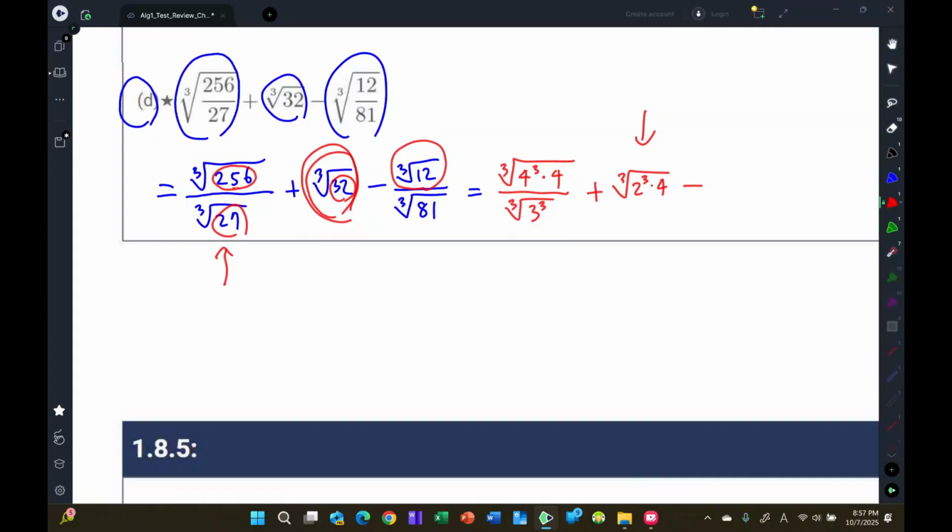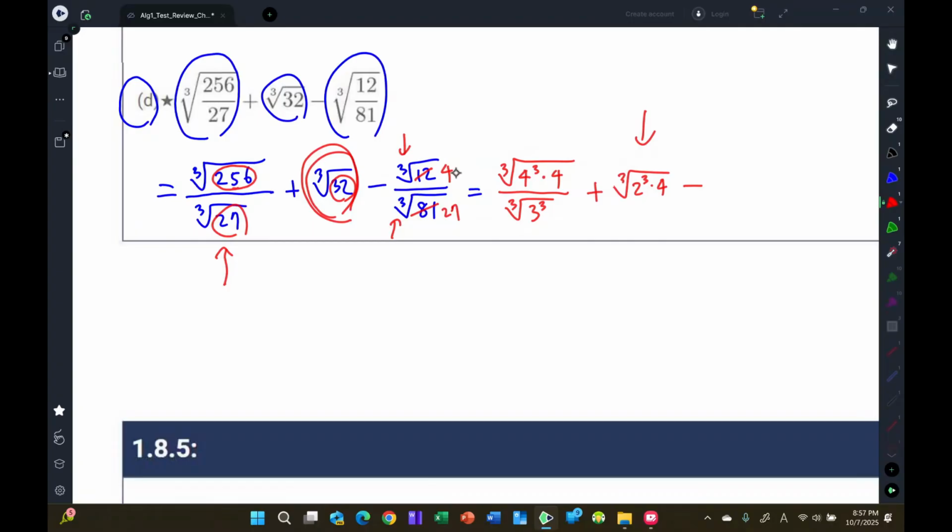You know what? I think it's going to be easier if I reduce it, because it's the same cube roots, right? So I can reduce these two numbers, because 3 goes in here 4 times. 3 goes in here how many times? 27 times, right?